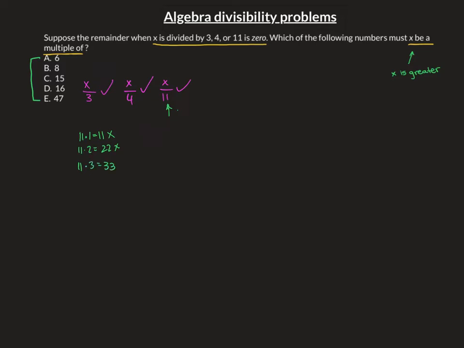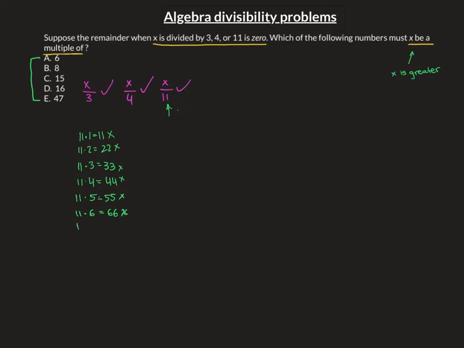That works with 3, but it doesn't work with 4, so that's incorrect. Then 11 times 4 equals 44. That works with 4, but not 3. Then 11 times 5 equals 55. That does not work. 11 times 6 equals 66. That does not work, because 66 divided by 4 is not a whole number.